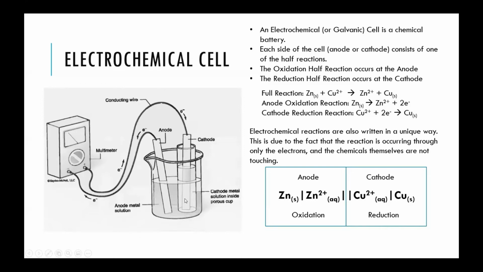So when it happens like this, over time, this zinc anode would slowly dissolve into zinc ion as it's losing more and more electrons through this wire. And the cathode would grow larger as it's a piece of copper sitting in a copper solution. These copper ions are gaining these electrons that are coming in and connecting back to the cathode, and it grows itself into a larger piece.